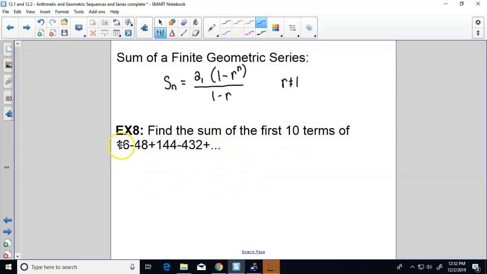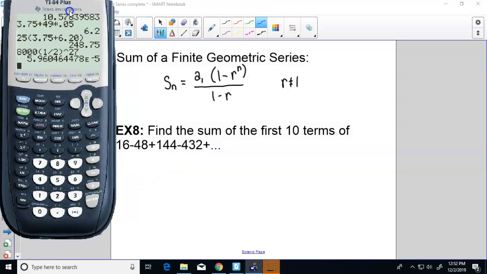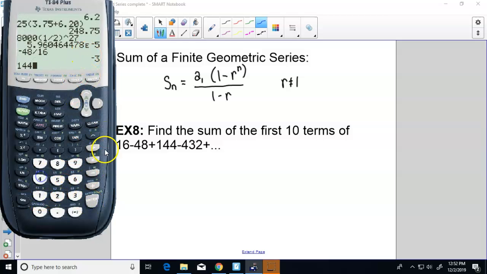And to find r, in this case, you can always find that common ratio by taking a term and dividing it by the one in front of it. So if I take negative 48 and I divide it by 16, then I'm going to get negative 3. And if I take positive 144 and I divide it by negative 48, I also get negative 3. And if I did negative 432 divided by 144, also negative 3.